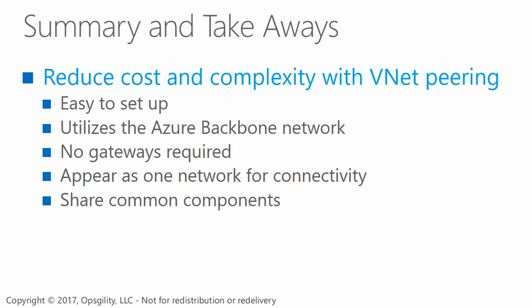Really, the only thing limiting the bandwidth is what is defined for the virtual machine series and size that you're using, because there are bandwidth caps per VM series and size, but it's not the peering relationship that's limiting that. Also, you saw there are no gateways required, and the connectivity appears like a single network. So very, very useful capability.